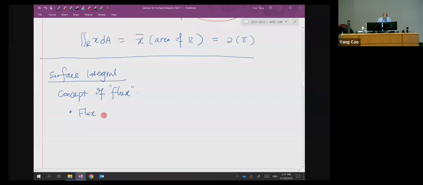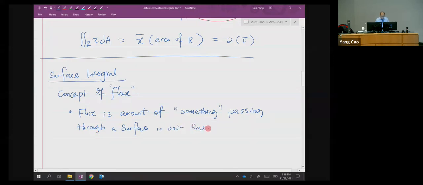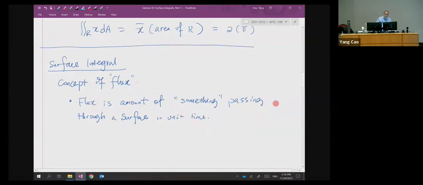So what is flux? More generically, you will see flux is the amount of something passing through a surface in unit time. Okay. This is more of a lay language for the concept of flux.